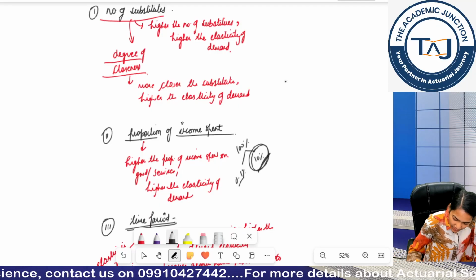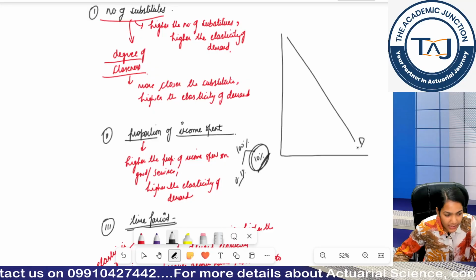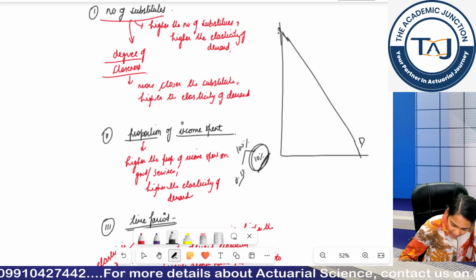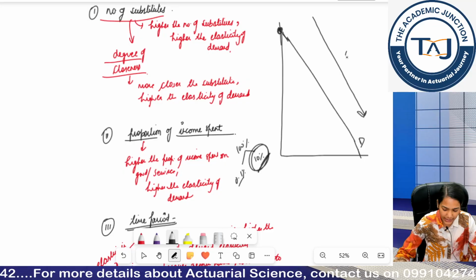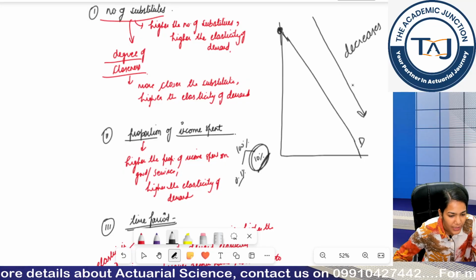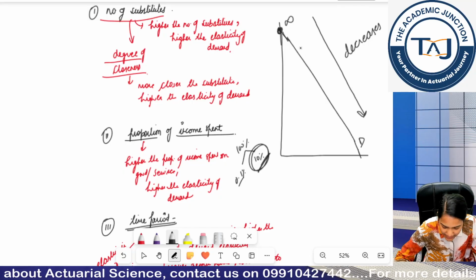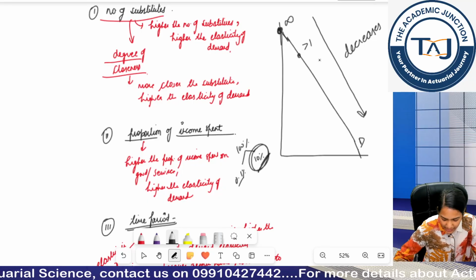Now one more thing, if I draw a straight line, this is my straight demand curve, okay. So as I move downward along my demand curve, my degree of elasticity decreases. Here I would have infinite elasticity, here greater than 1 elasticity, this is elastic.